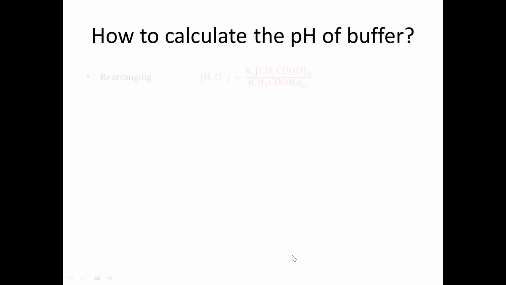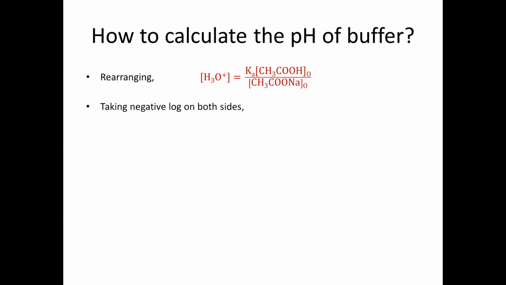On rearranging this equation, the concentration of H3O+ ions is equal to Ka times the concentration of acetic acid upon the concentration of sodium acetate. Now, when we want to calculate pH, we have to take the negative log of H3O+. So we take the negative log on both sides and we get this equation.